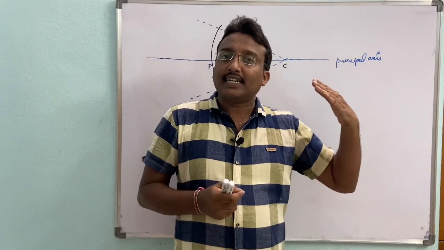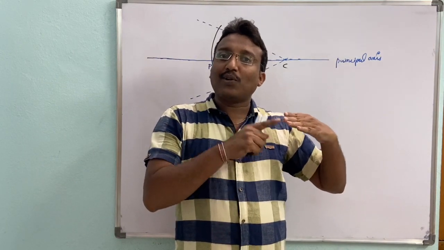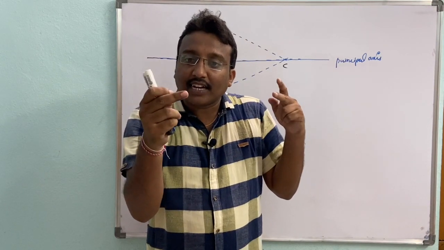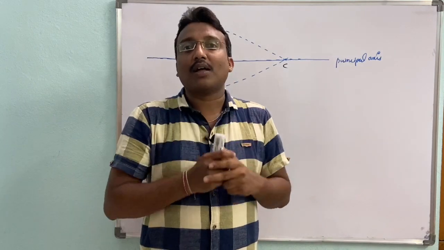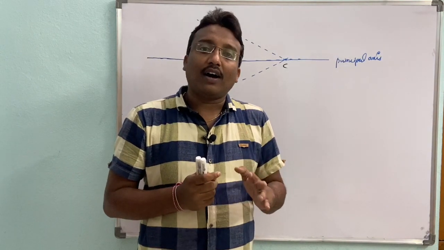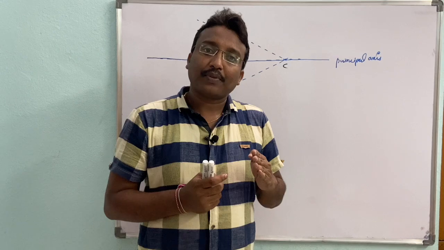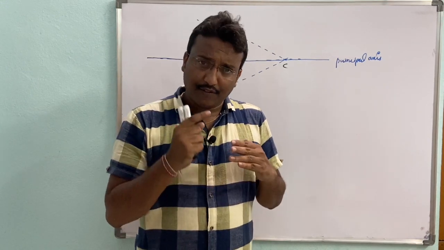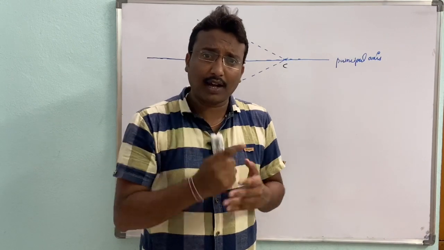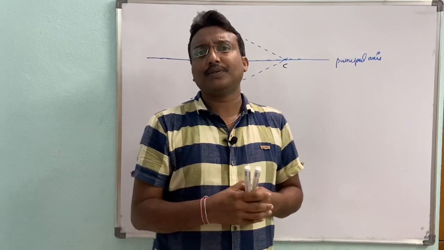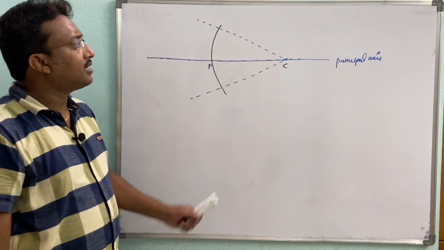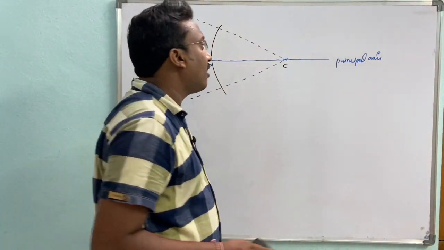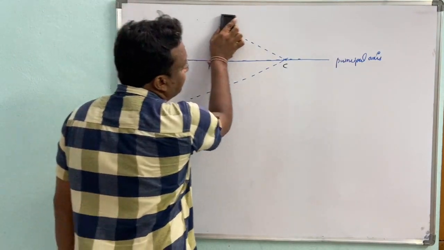When light travels from a rarer to a denser medium, after refraction the refracted ray comes towards the normal. If light passes from a denser to a rarer medium, the refracted ray moves away from the normal. The same rules apply here for curved surfaces. Now I will show such ray diagrams.